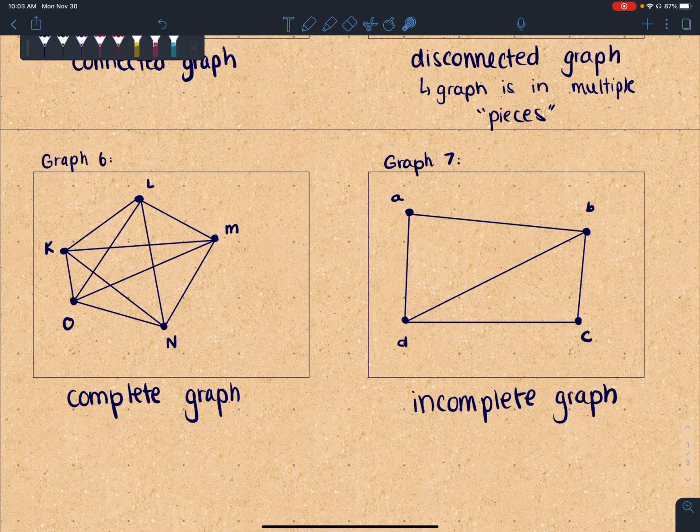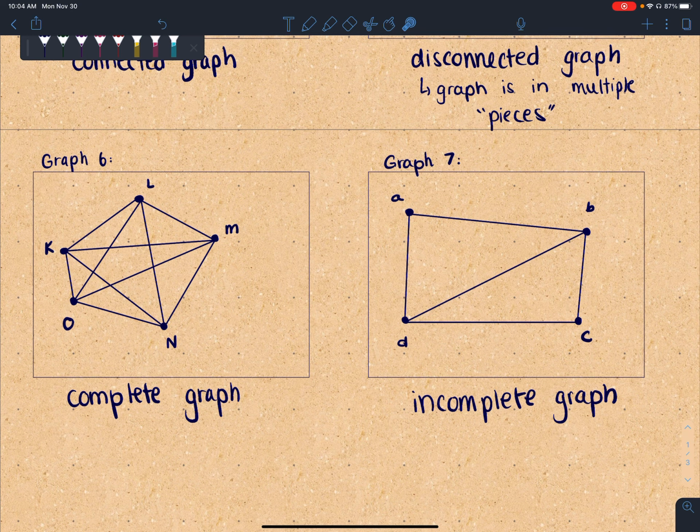So a complete graph is the final form, the evolved form of the connected graph. Because a complete graph has all possible edges. So from O, I can get to any vertex. There is no missing piece within this graph. All the edges that could exist are there.